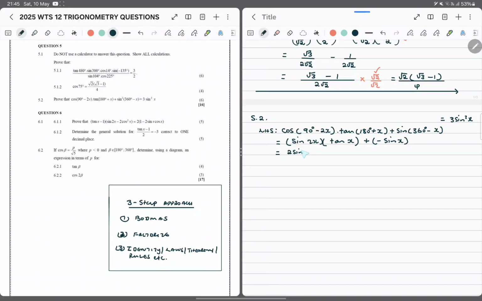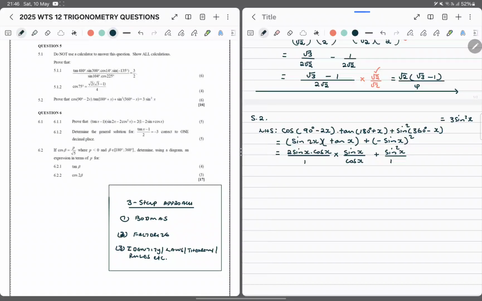This is 2 sine x cos x. We can say this is over 1 multiplied by tan is sine x divided by the cosine of x minus, oh my lord, this is squared. Goodness, wrong expression. So this is squared, so it becomes sine x sine squared x over 1.